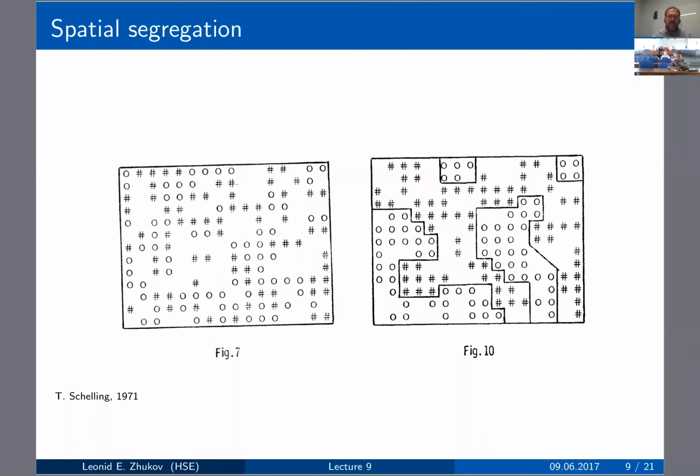So what we see right now is a screenshot, a copy of the original figures from Schelling's paper, where he actually did these drawings with a pencil on the paper. And what you see on the left is the original random distribution of people of different preferences.